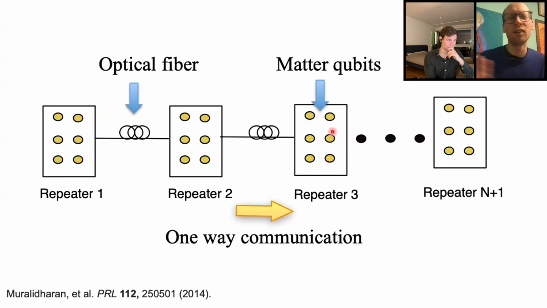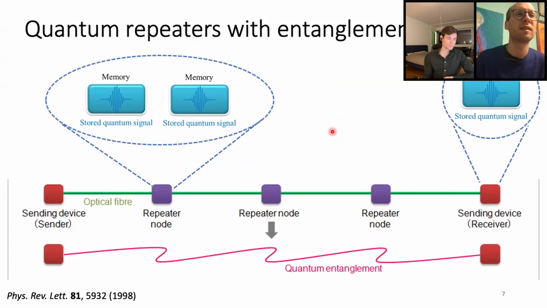Basically, let's work in this kind of perfectionist model where the only problem that we have is the probability that photons can get lost in the optical fiber, and everything else is perfect. So one approach here, this original one, was to send these photons one after the other individually, exactly as you mentioned, but only over short distances.